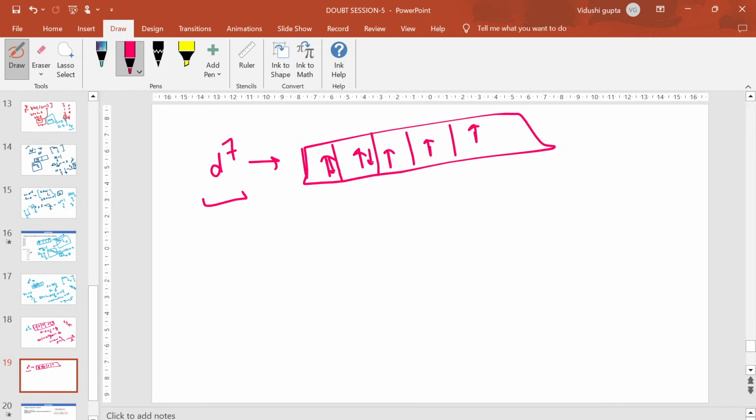D7 means 3 unpaired electrons, that means S will be 3 by 2. So 2S plus 1 will be 4.